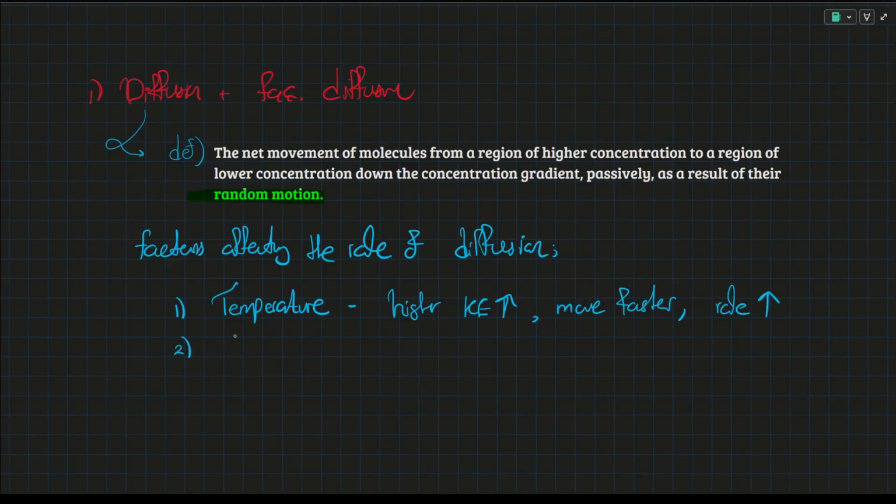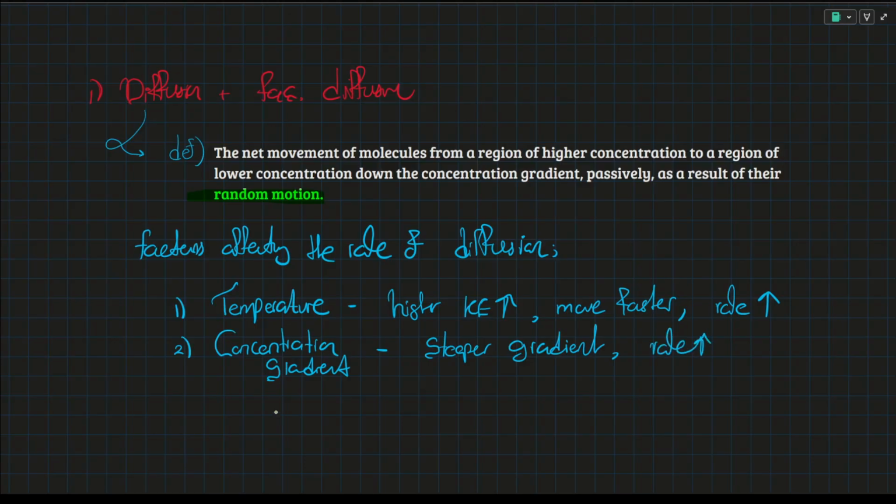Number two, concentration gradient. What does that mean? Now, if you have a steeper concentration gradient, so I'm going to denote it as being a steeper gradient, you will have a faster diffusion rate. What does that mean?